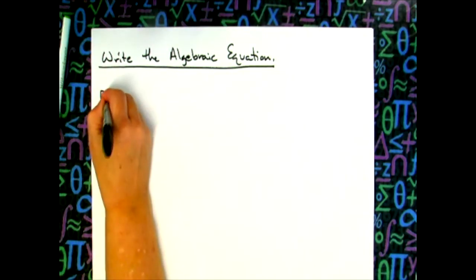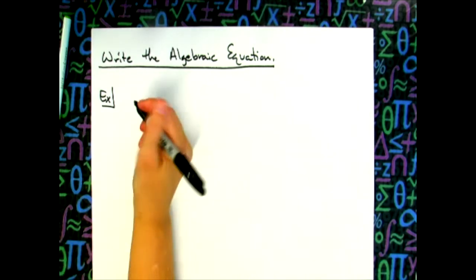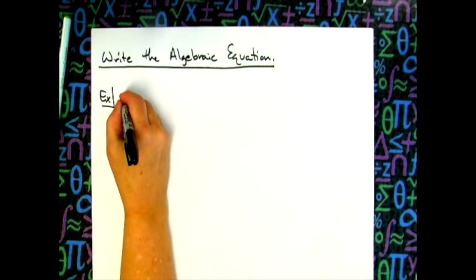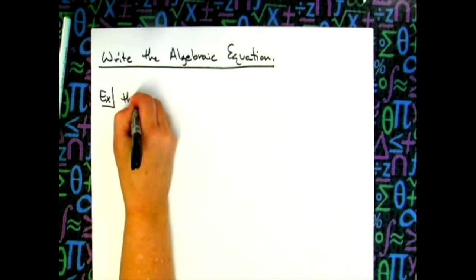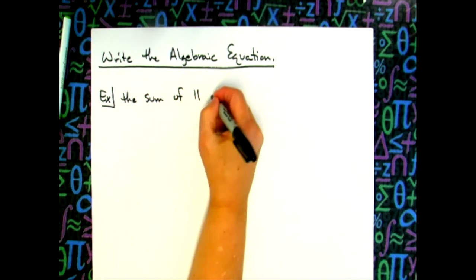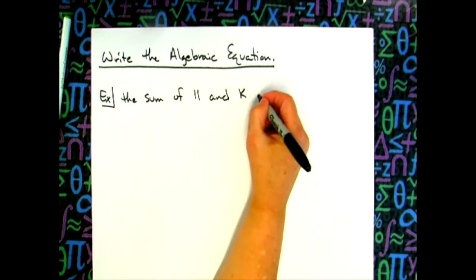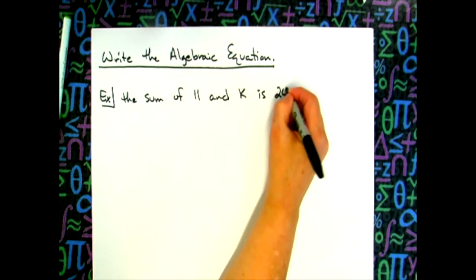And these will be a little bit longer. These are going to be a little bit longer. Let's say it says the sum of 11 and K is 24.